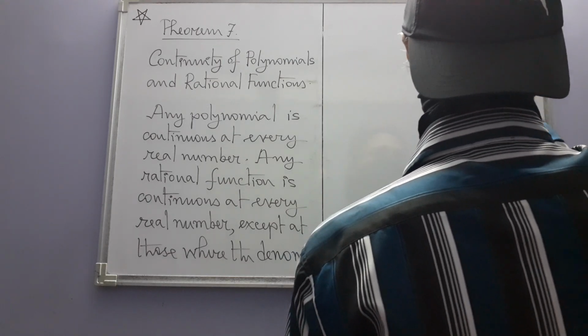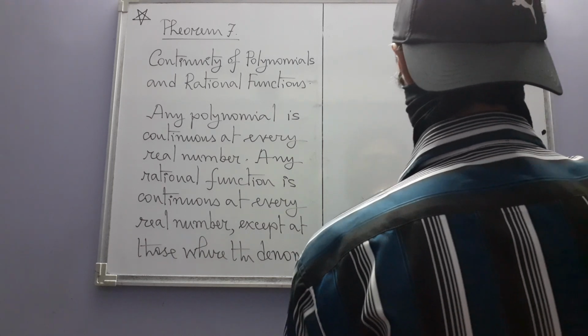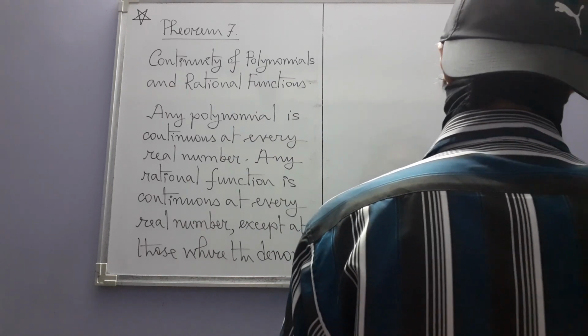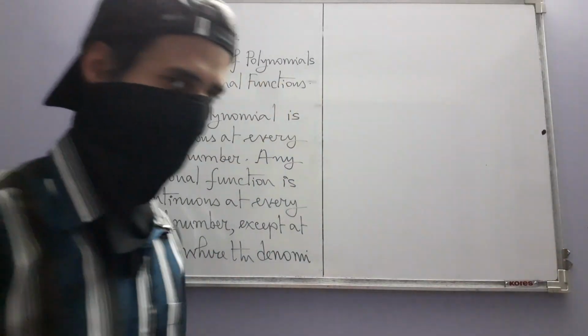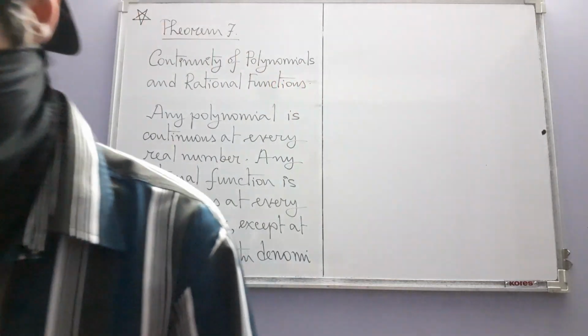And you can of course understand how it is that we are getting theorem 7 from theorem 6. I will give an example of how that happens.